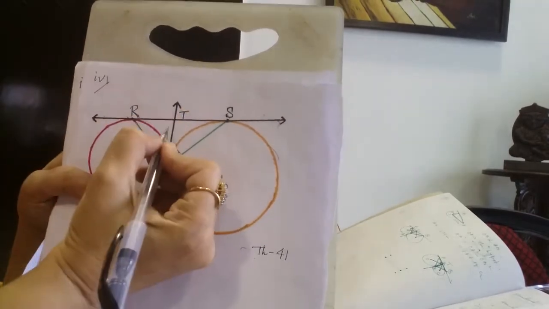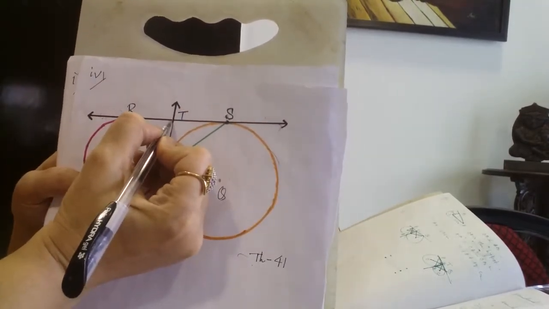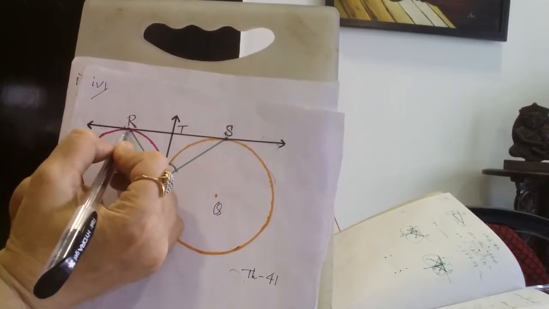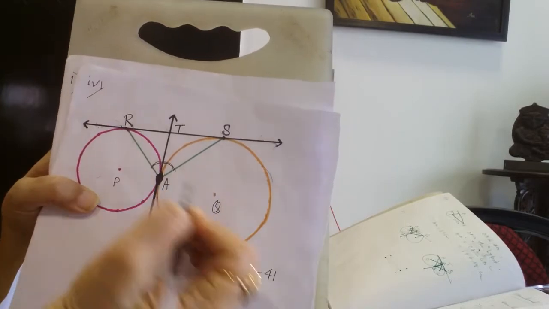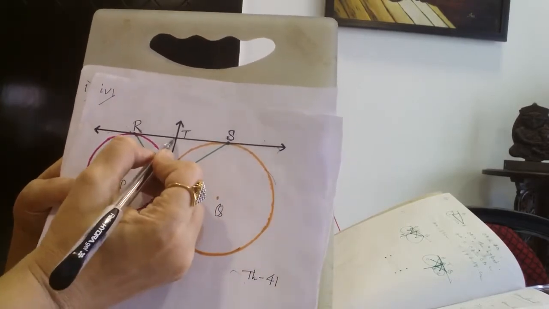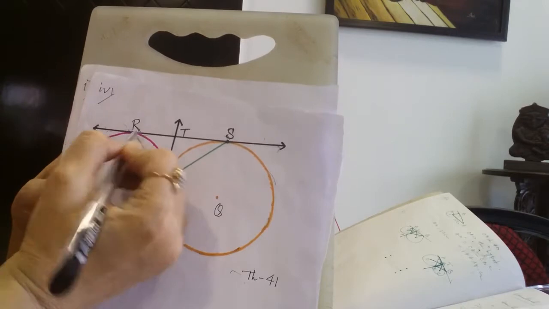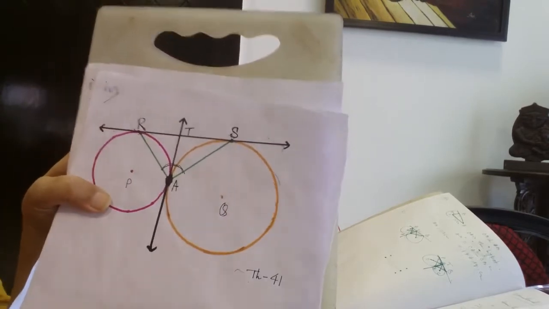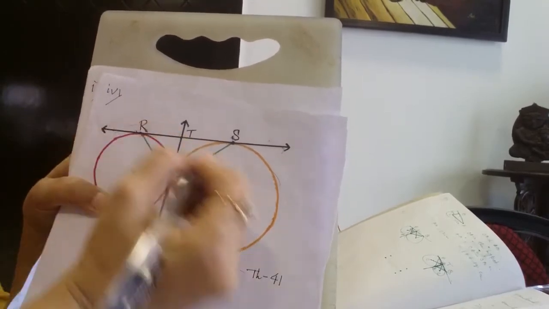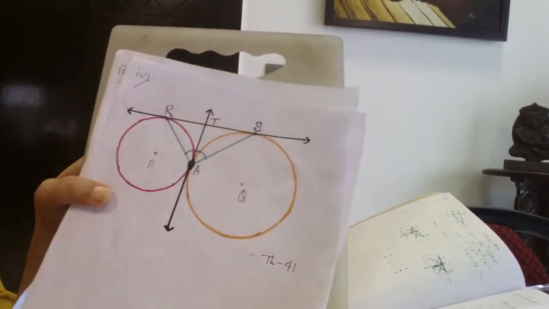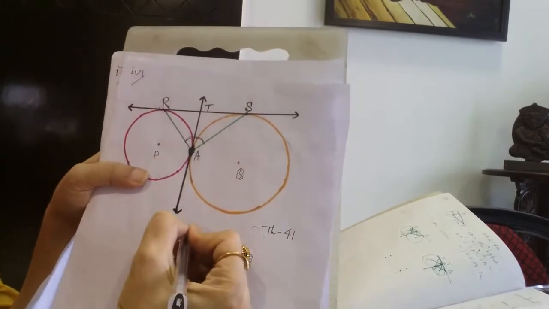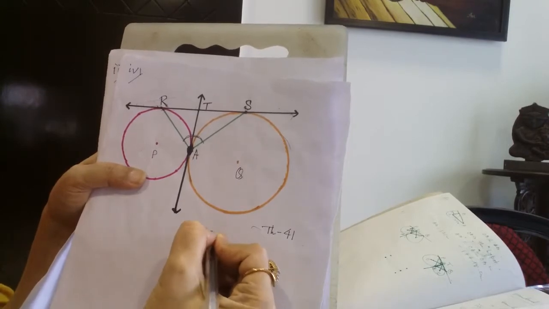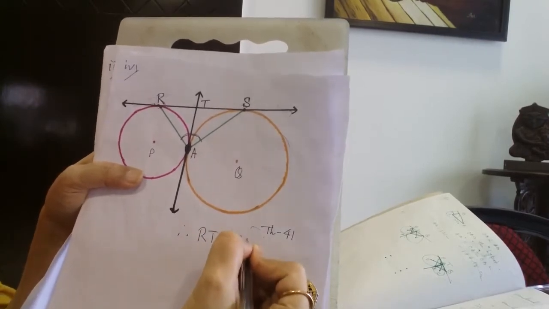That means T is the external point with respect to this circle, and TR is a tangent and TA is also another tangent. So from an external point, two tangents TR and TA are drawn on this circle. So according to theorem 41, the lengths of these two tangents will be the same. That means RT equals TA.